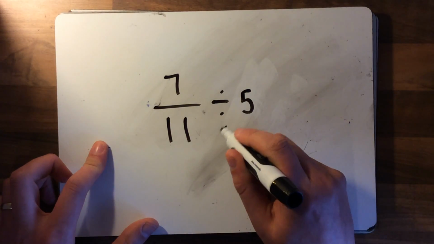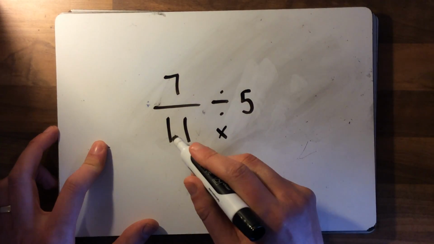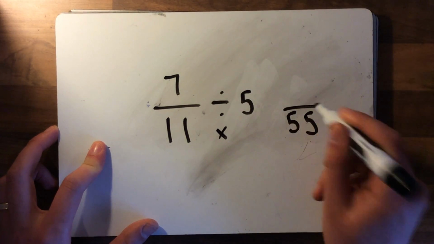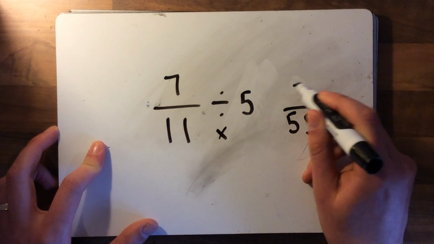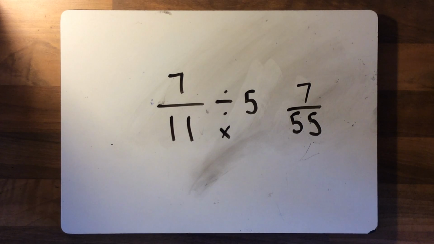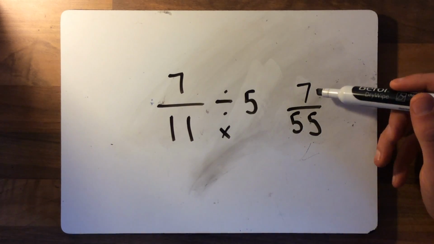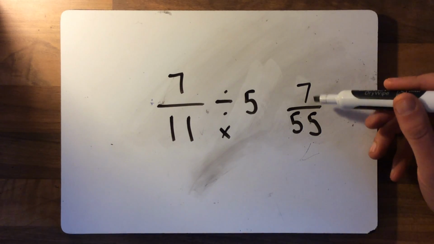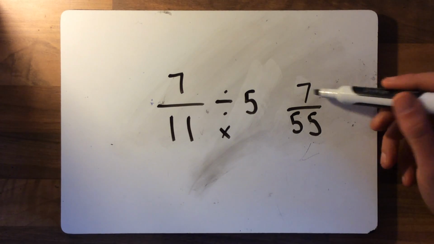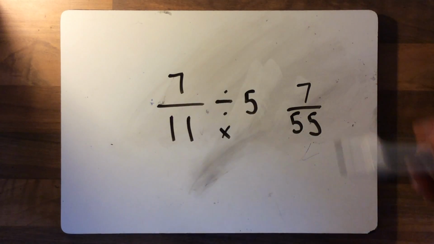So remembering that we multiply the denominator by the whole number. 11 times 5 is 55, and then the numerator just comes over to go to 7. Can this answer be simplified? Well, 7 is a prime number, and there are no numbers that go into both 7 and 55, so this is actually in its simplest form.